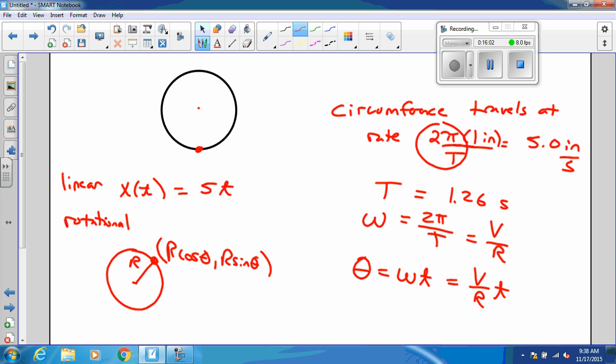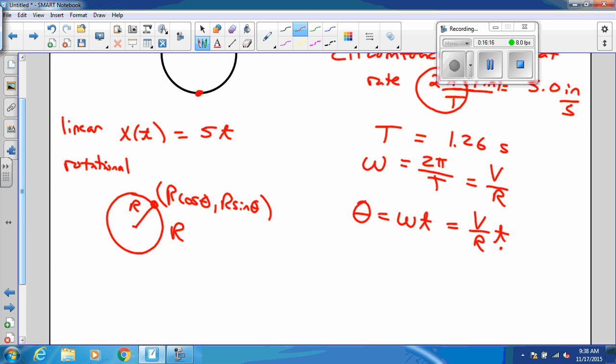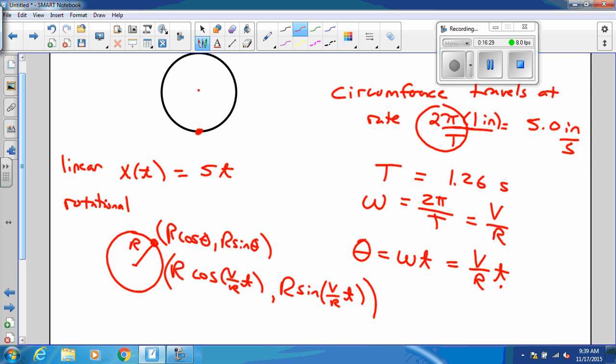So right at t equals 0, we're at the bottom, and these two are giving me slightly wrong expressions for it, because if I plug in t equals 0, then I actually get this point.